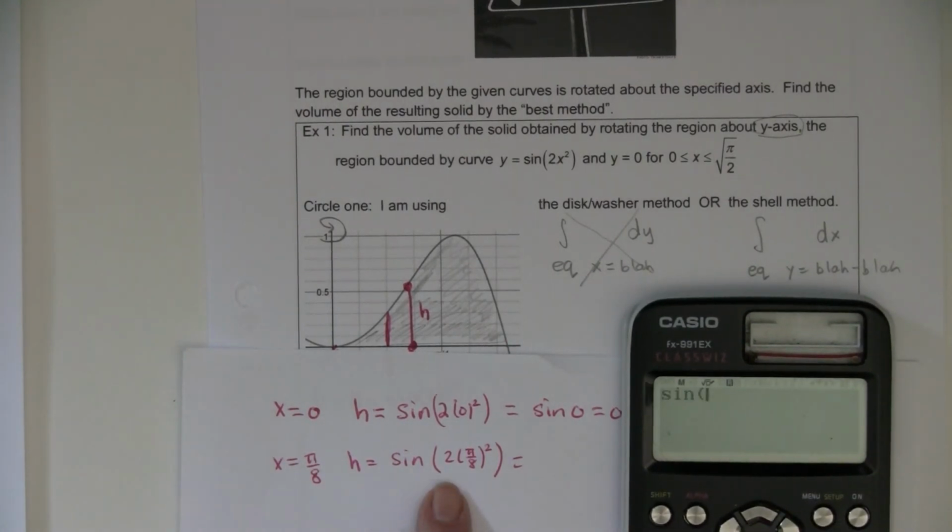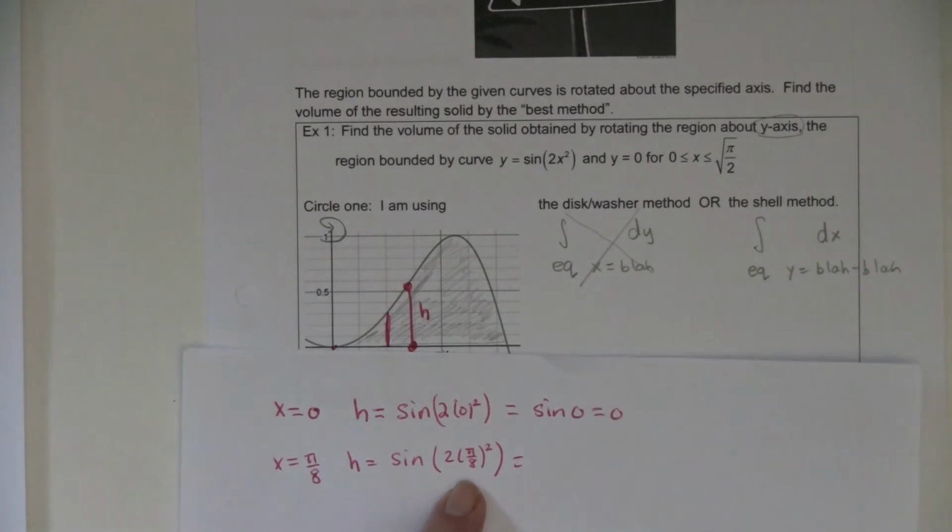So here I am, sine of 2 times parentheses. I'm going to put, just like I see it, pi over 8 in the parentheses here, square that, and outside there. I don't really have to have the times that I put there, or it's okay if I do.